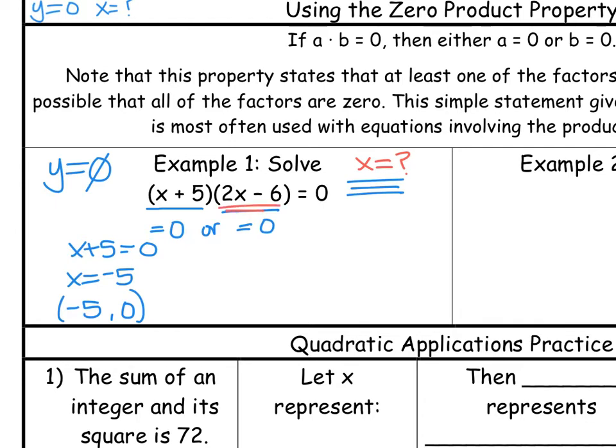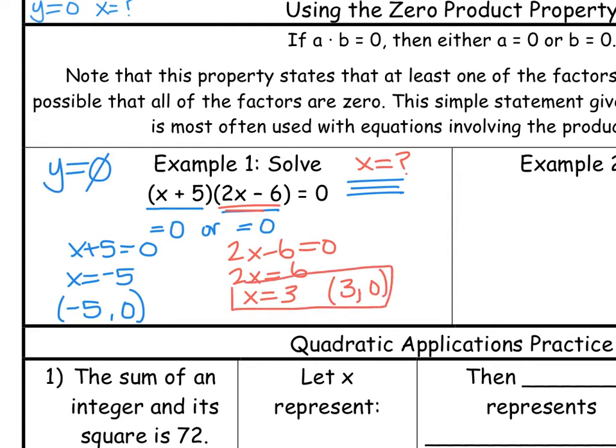If I do the second one, 2x minus 6 equals 0, then 2x equals 6 and x equals 3. As an ordered pair, that would be the point (3, 0). So if I were to graph this quadratic function, it would intercept the x-axis at those 2 points.